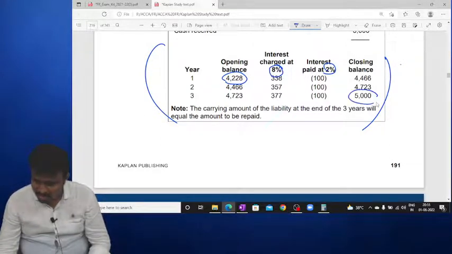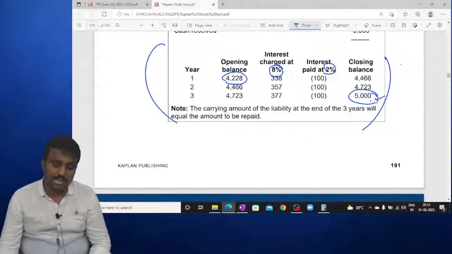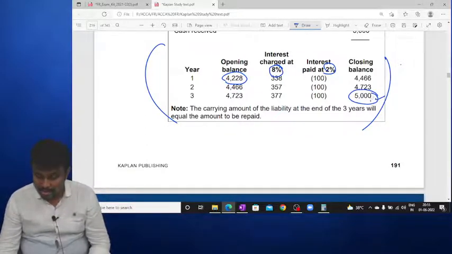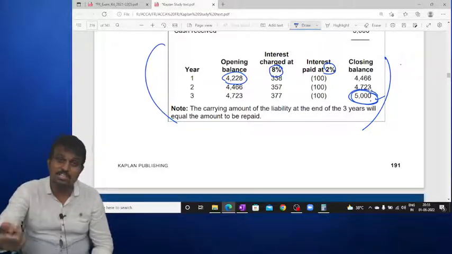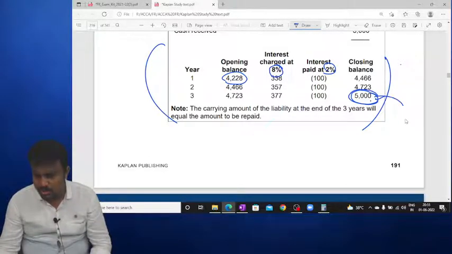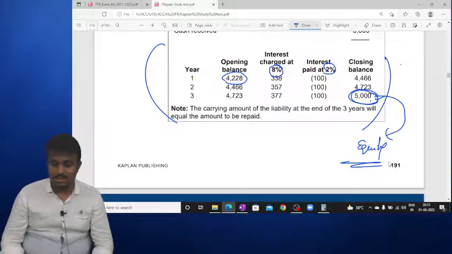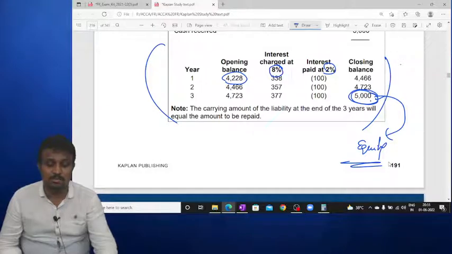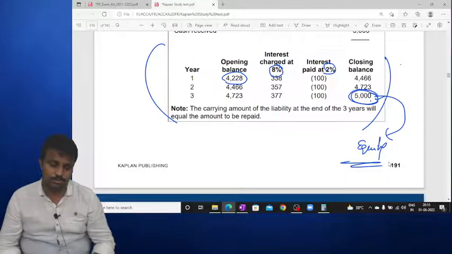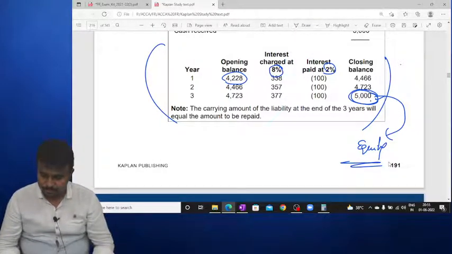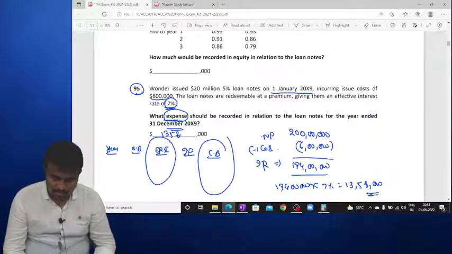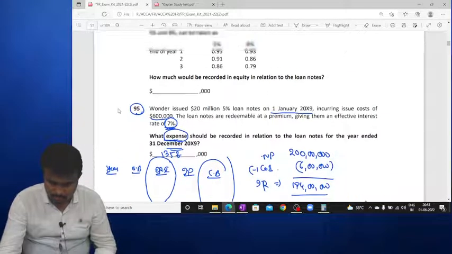Then what is the last one? 50 lakh is the matured amount, and here is the closing balance, because that liability is not settled in cash. This amount is going to be converted into equity. That is the concept of convertible bonds or convertible debentures. Clear? Then coming to the problems.